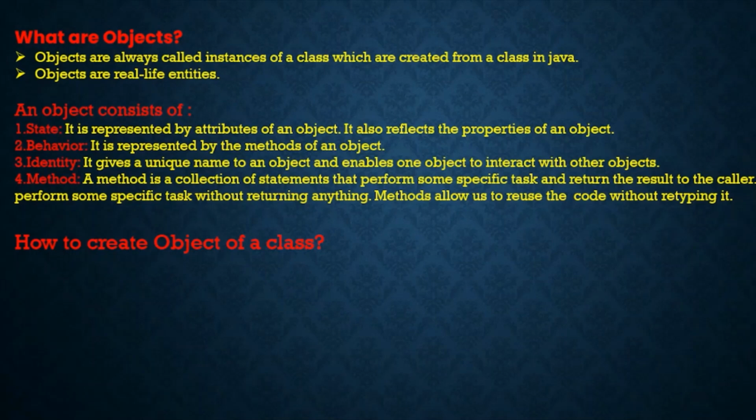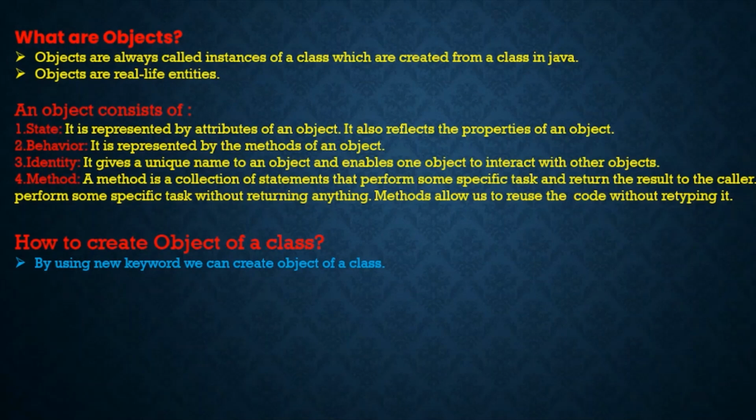Here the thing is how to create the object. In Java there is a keyword called new. Through the new keyword we can create the object of a class. Just remember, there are various ways we can create the object, but the preferred way to create the object is by using the new keyword.